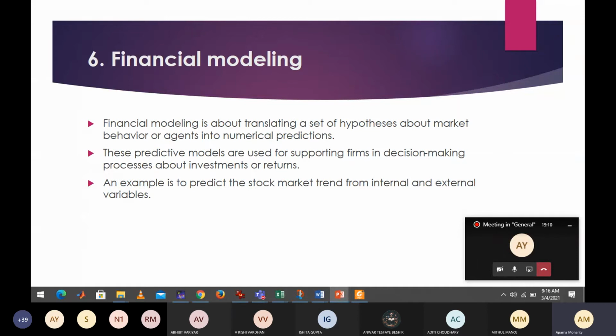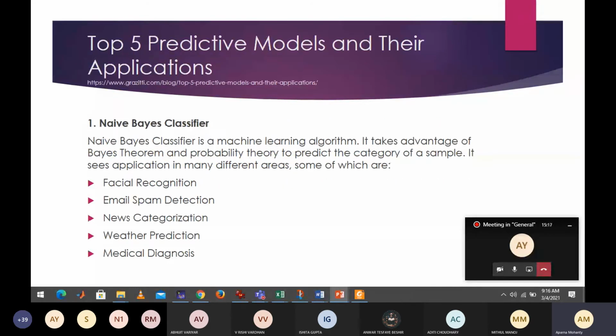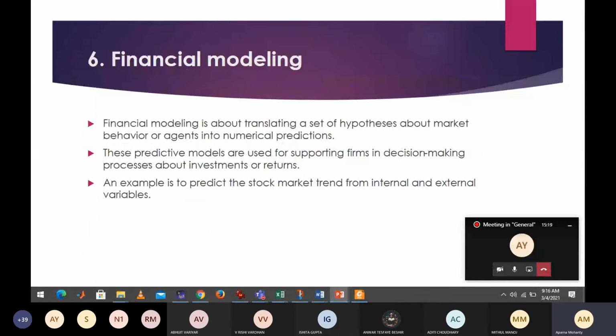Next is financial modeling. As I told you in the previous class also, in financial modeling your predictive analysis team should be able to give you suggestions based on finance. You cannot reduce the price of your product to a very low level just so that it gets sold.